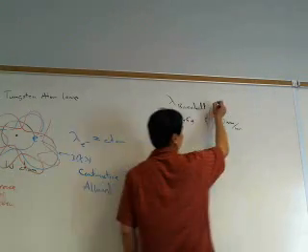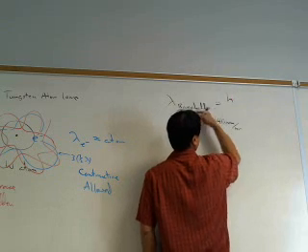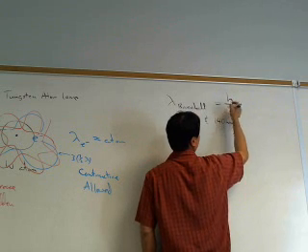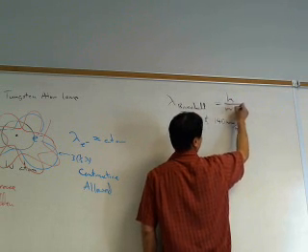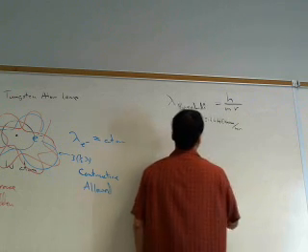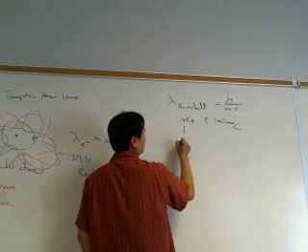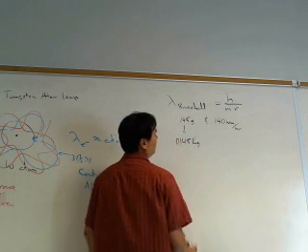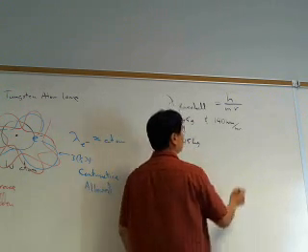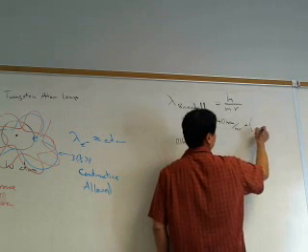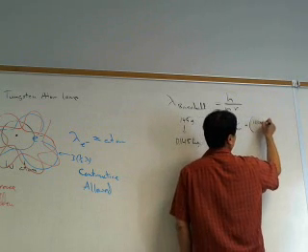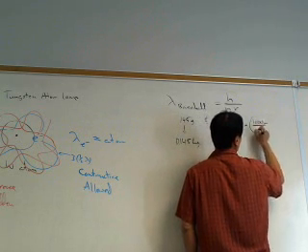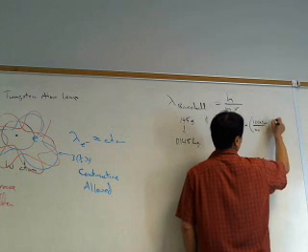Okay, so if we want lambda of the baseball, then this is matter, so we're going to use de Broglie, h over m times v. The mass we need in kilograms, so this will be 0.145 kilograms. And the speed we need in meters per second. And so let's change this from kilometers per hour to meters per second.